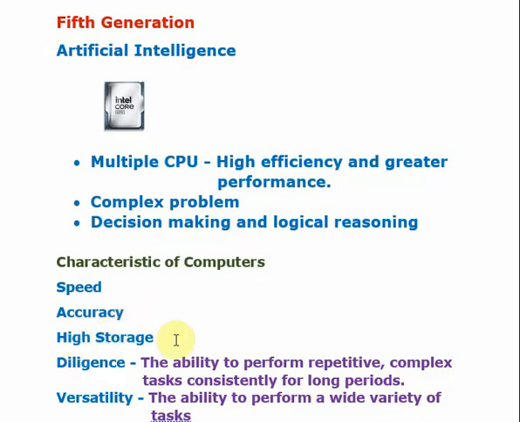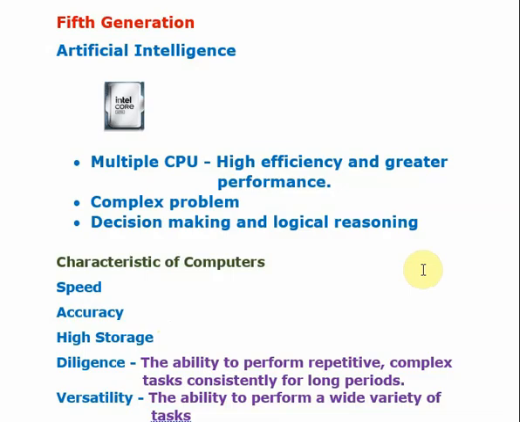High storage, right. Nowadays we can use huge storage, therefore high storage is possible. And these two words are very very important: diligence, the ability to perform repetitive tasks, right, repeatedly can work but without tiring for a long period.